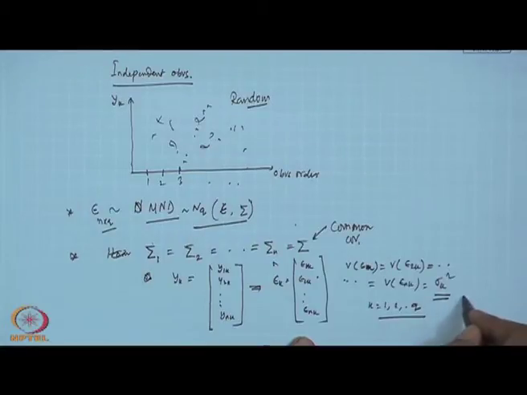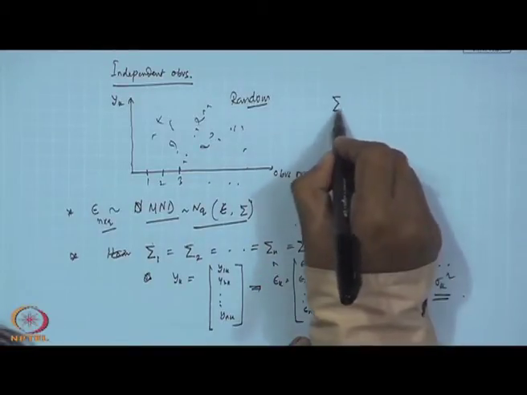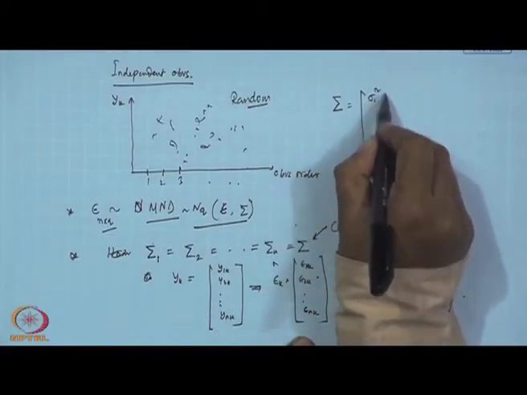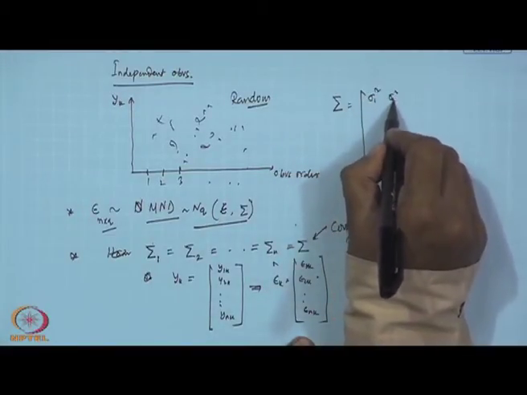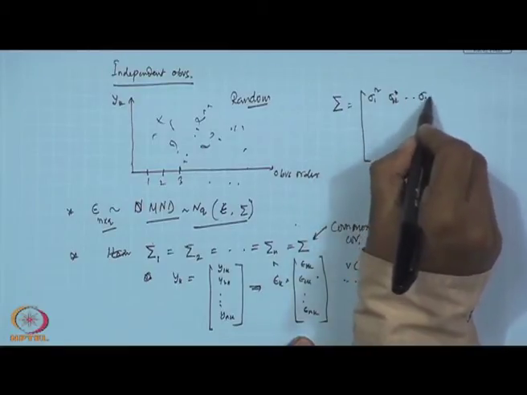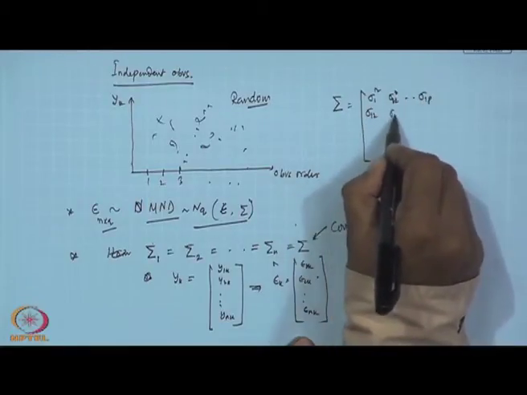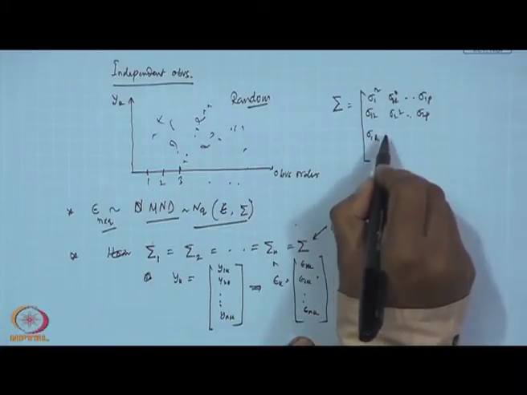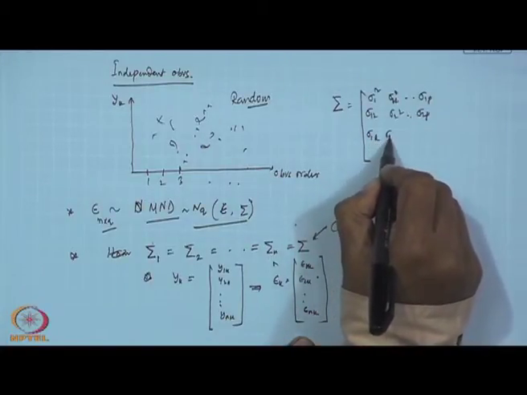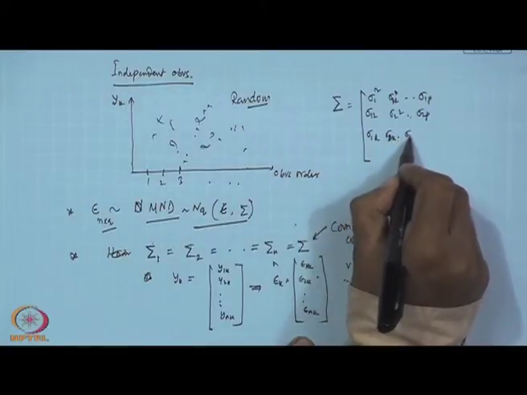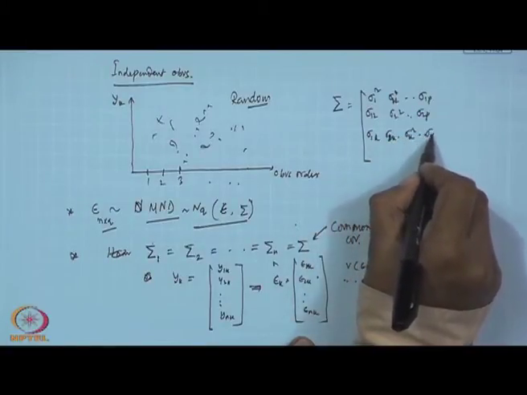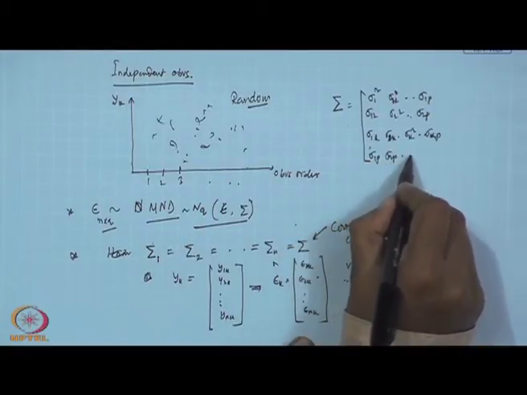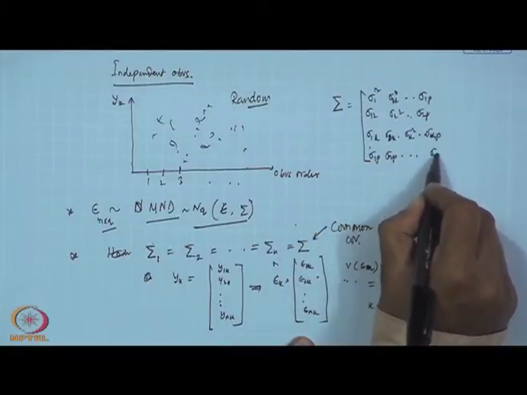And now, where will you get the k from? You will get the k from the common covariance matrix: sigma 1 square, sigma 1 2, sigma 1 p, sigma 1 2, sigma 2 square, sigma 2 p, sigma 1 k, sigma 2 k, sigma k square, sigma k p. So, like this sigma 1 p, sigma 2 p, sigma p.